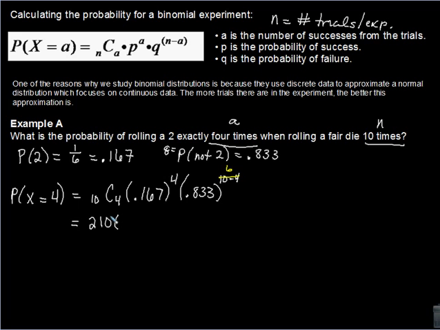0.167 to the power of 4 is 0.0007777796. 0.833 to the power of 6 is 0.334095025. And then I'm going to multiply these 3 numbers together.